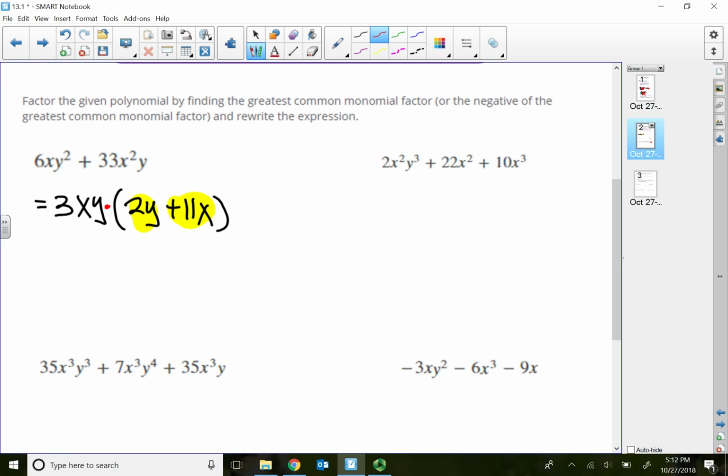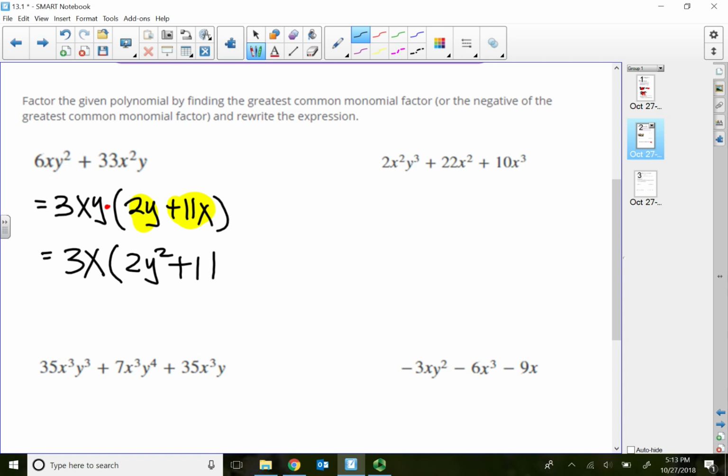So if I purposely say 3x was my greatest common factor instead of 3xy, 3 goes into 6 2 times, take the only x to the outside, so there's no more x left for my 2, but I still have y squared left for my first term. 3 going into positive 33 is positive 11.